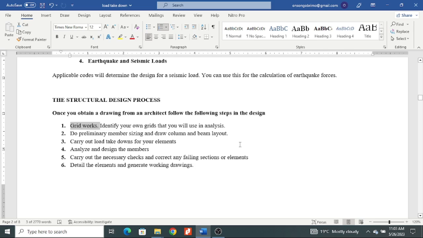In one of our videos, we have actually taken you through the structural design process, and we mentioned a way you can design your members preliminarily depending on the structure height, the loads you have, the construction procedures, materials and all these considerations. So you size them and you draw these beam and column layouts, so that they help you determine the actual member sizes and the actual specifications you're going to use in your construction.